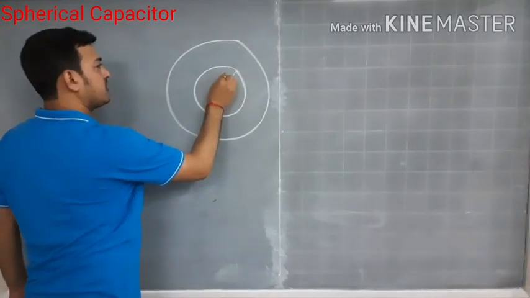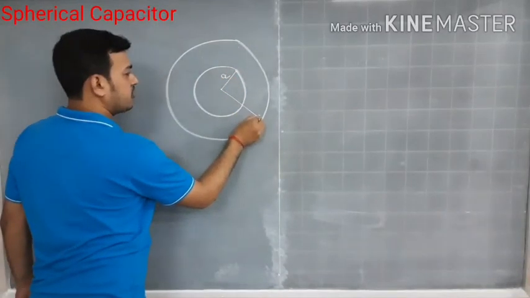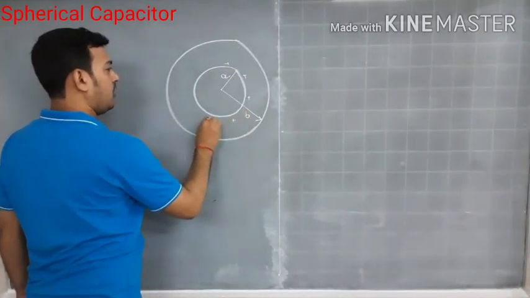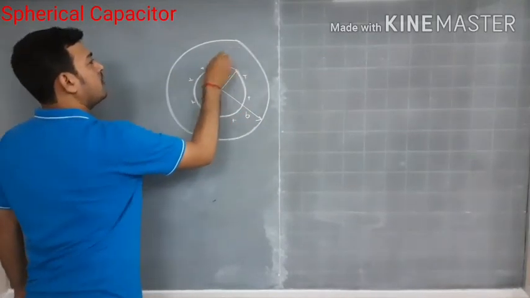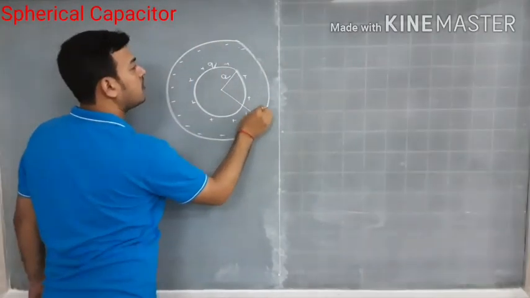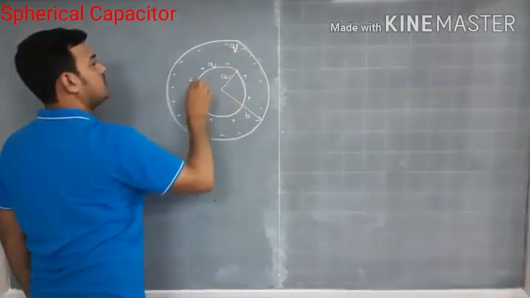Consider the radius of the inner one is A and the radius of the outer shell is B, and these two are charged with plus Q and minus Q charge.